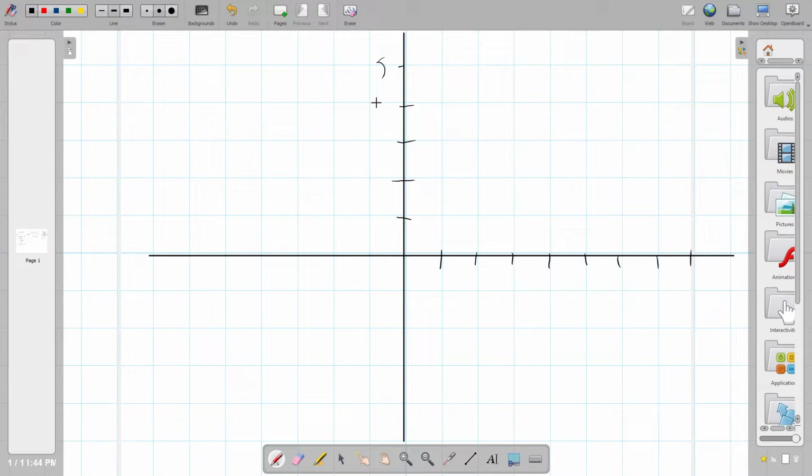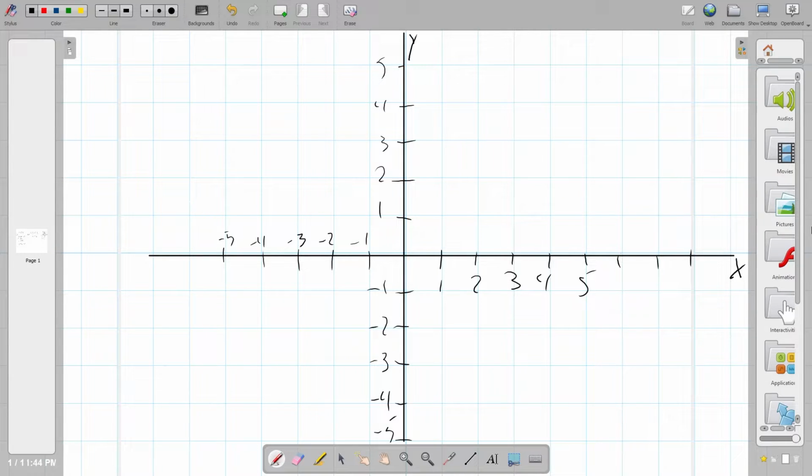So 5, 4, 3, 2, 1. 1, 2, 3, 4, 5. Negative 1, negative 2, negative 3, negative 4, negative 5. This is our y-axis. This is our x-axis.